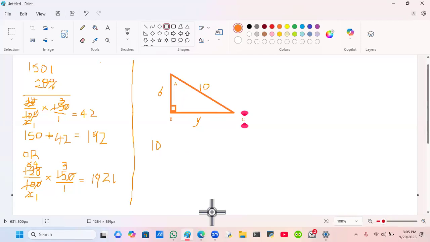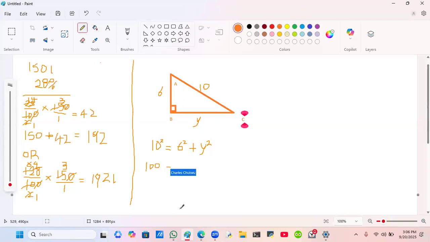Hypotenuse squared equals 6 squared plus y squared. 10 squared is 100, and 6 squared is 36.